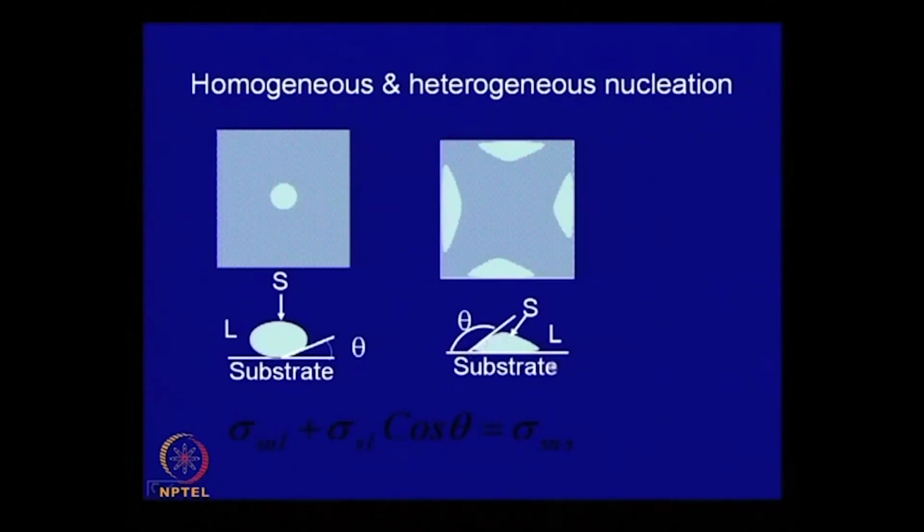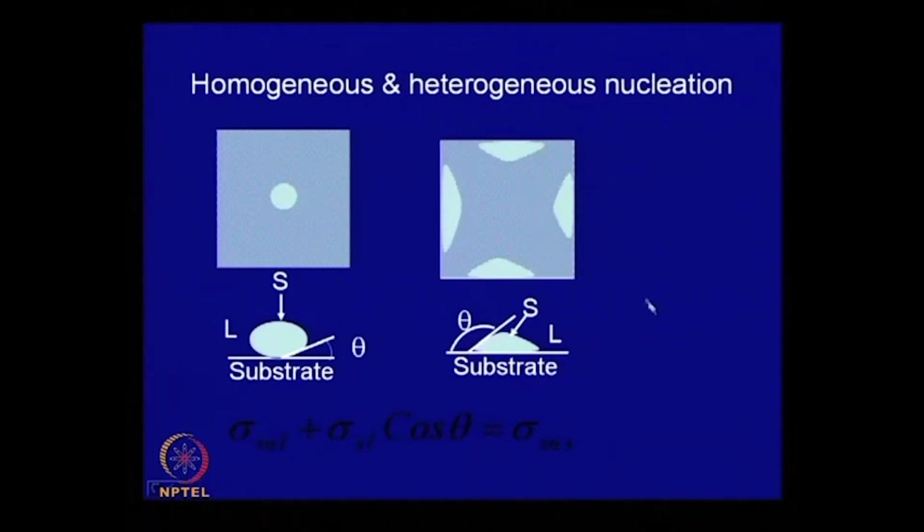If it is wettable, then the substrate is a favorable site for nucleation of solid, and this is shown schematically. In homogeneous nucleation, there is no wall, no interface, within the liquid, which is in fact very difficult to reproduce and carry out experimentally. Whereas if you allow the metal to solidify in a container, there are solid interfaces available, and nucleation will start from all these interfaces.